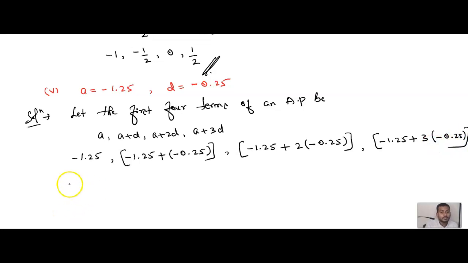Got it? Now, see here, it's very easy. Minus 1.25, comma, open the bracket, that is minus 1.25 plus into minus, minus 0.25, close the bracket, comma, again minus 1.25 plus into minus, minus 2 into 0.25.